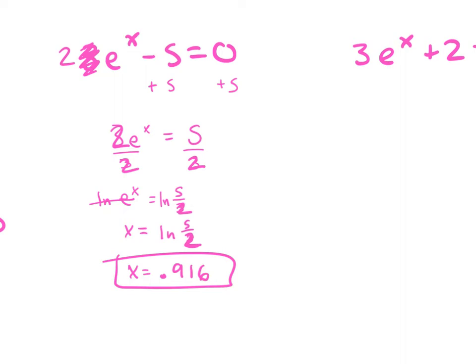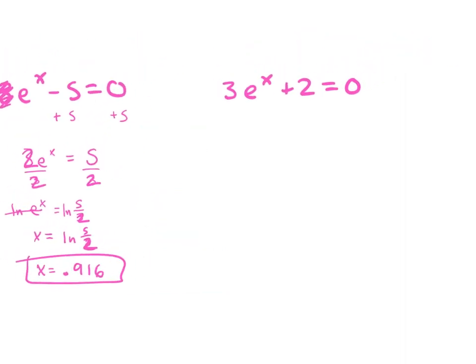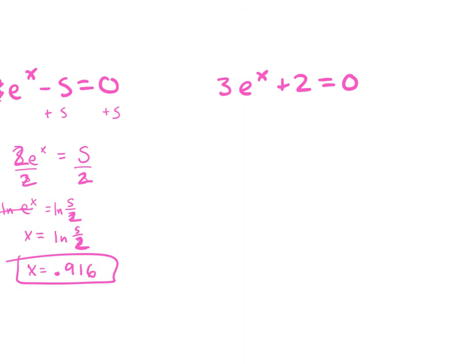Awesome. All right, for the next one, because we have two different equations here that we have to solve, we're going to subtract 2. So we have 3 e to the power of x is equal to negative 2, because we just subtracted 2 on both sides. What do we do next? Wait, you can't do this, right?